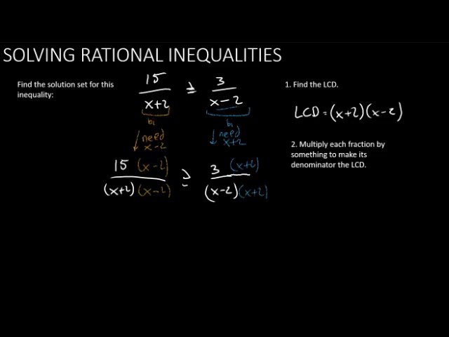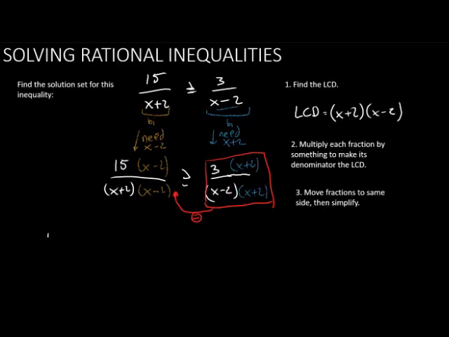Now that our fractions both have the LCD, we will need to simplify the numerators and move the fractions to the same side. Let's first begin by moving the fractions to the same side. Therefore, the fraction on the right, this 3 times x plus 2 over x minus 2 times x plus 2, we will move to the other side, over here to the left, and we'll change the sign to negative.